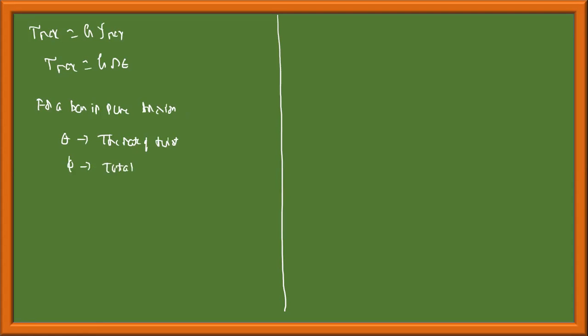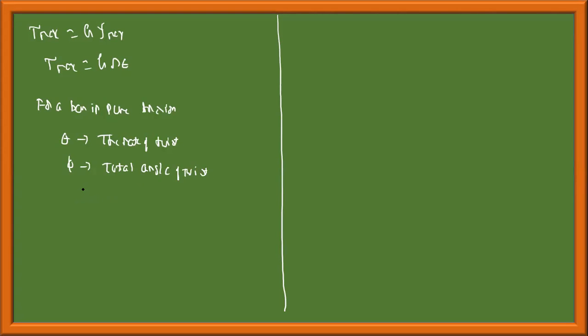For example, your friend is holding your towel at one end and you are twisting the towel at the other end. Where is the maximum twist? Your friend is holding at the left end, you are twisting at the right end, so the maximum twist is at the right end. So theta is the rate of twist, and phi is the total angle of twist.